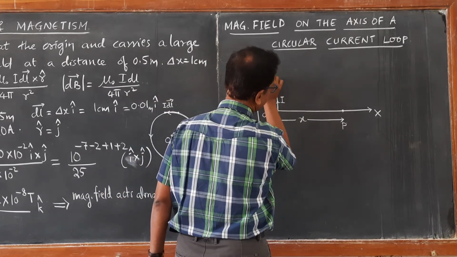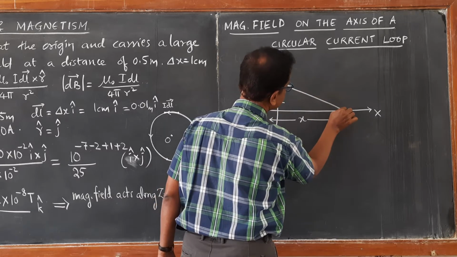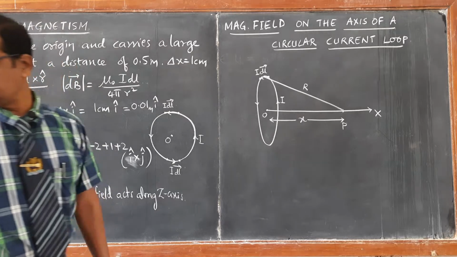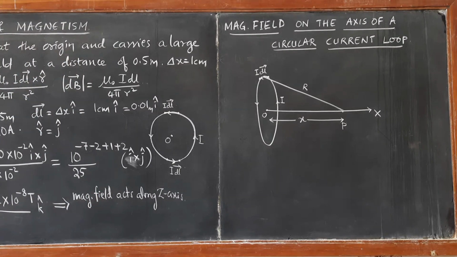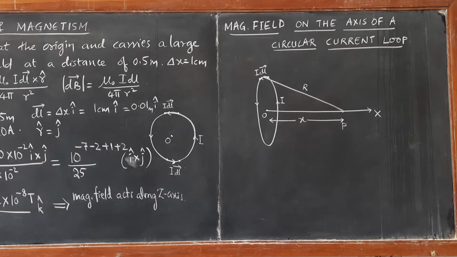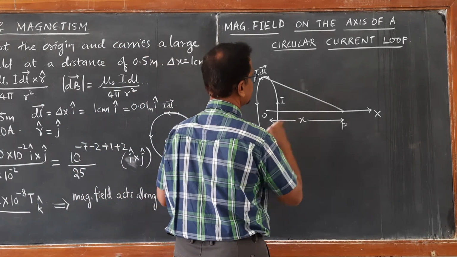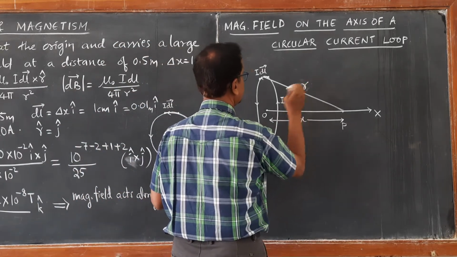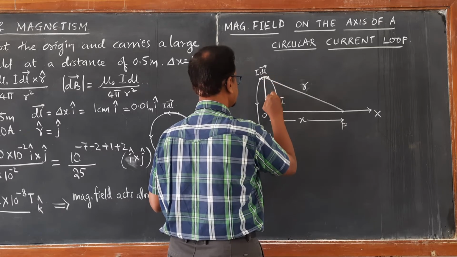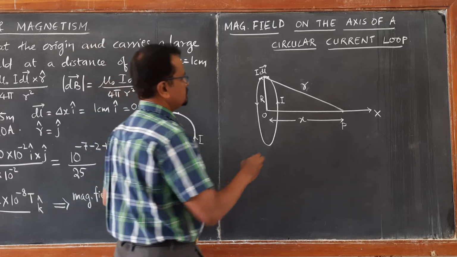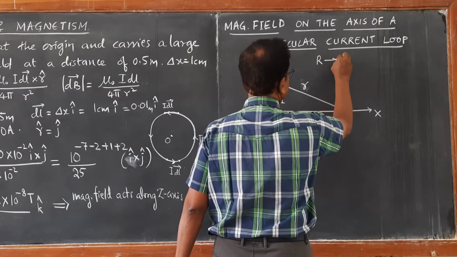This distance, let me call it r, small r, not capital R. And the radius of this ring, let us take it as capital R.